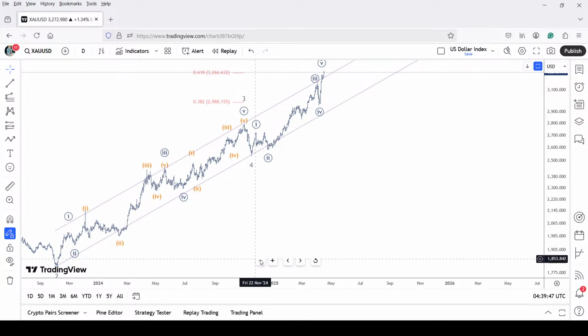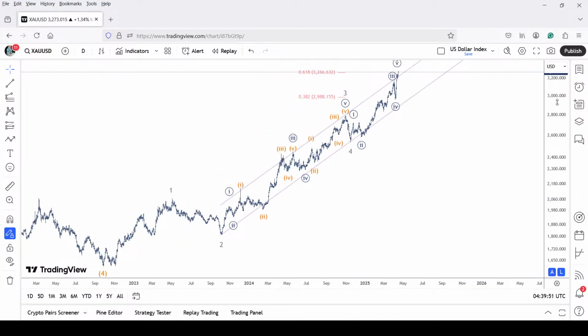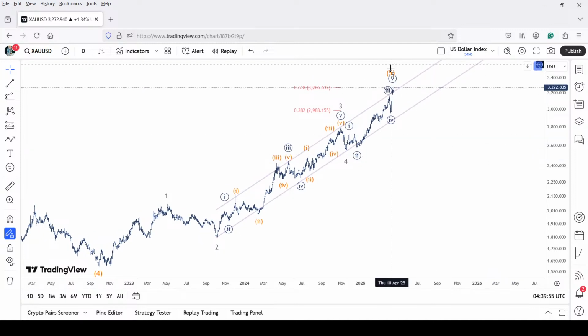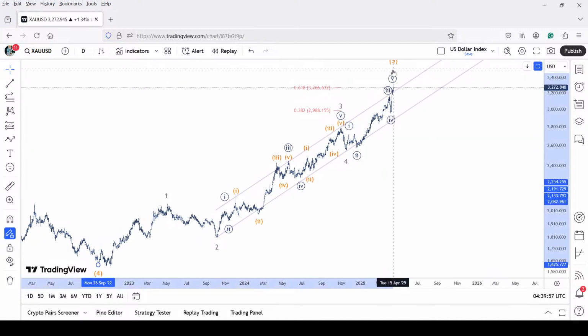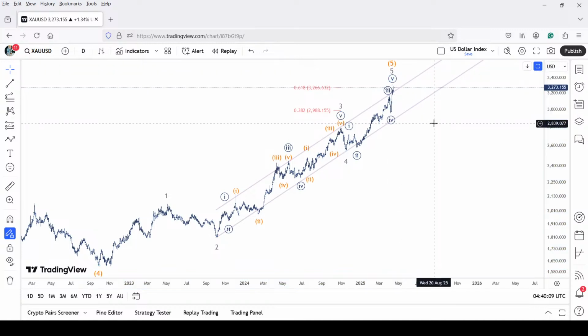Now, gold has been, as discussed in the last session, producing a wave 5 rally at 4 different degrees, which is the intermediate, the minor, the minute, and also the sub-minute. So at least 5 different degrees are being worked upon right now.